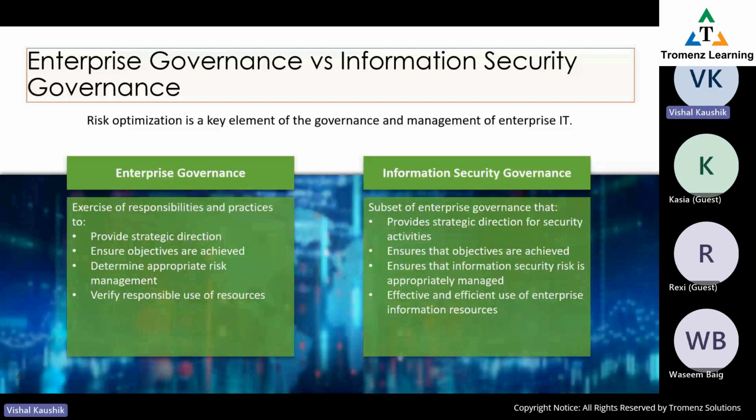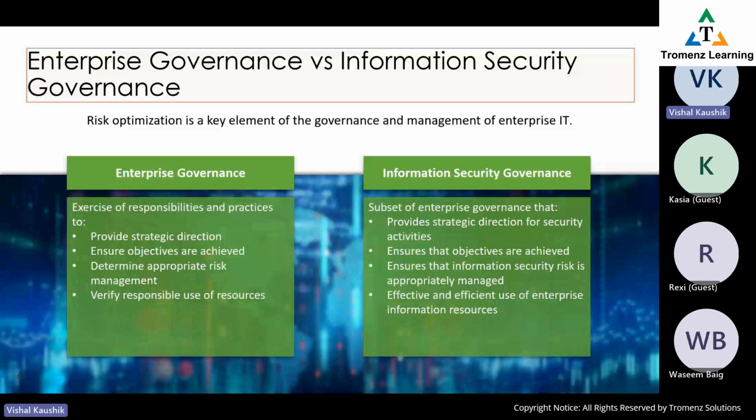It ensures objectives are achieved. It also ensures that information security risk is appropriately managed. When we talk about information security risk, we are looking at the underlying threats that exist in the environment in which the enterprise operates.